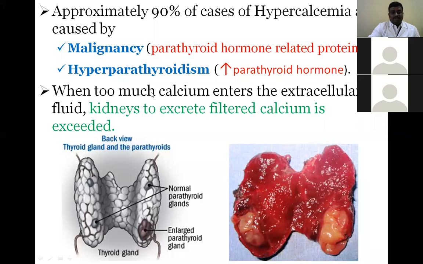Okay, so when too much calcium enters the extracellular fluid, the capacity of the kidneys to excrete filtered calcium is exceeded. So in these conditions, when it is releasing more parathyroid hormone, that may cause more calcium to be produced from the bone or more calcium to be reabsorbed from the kidney.